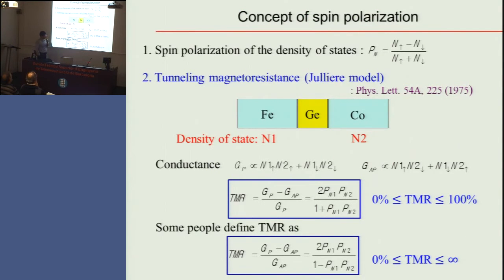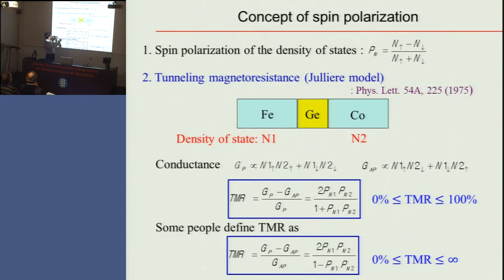So Julia, as I mentioned, suggested that by measuring such an experiment, I could tell how much spins are aligned inside these materials by simple guessing like this.